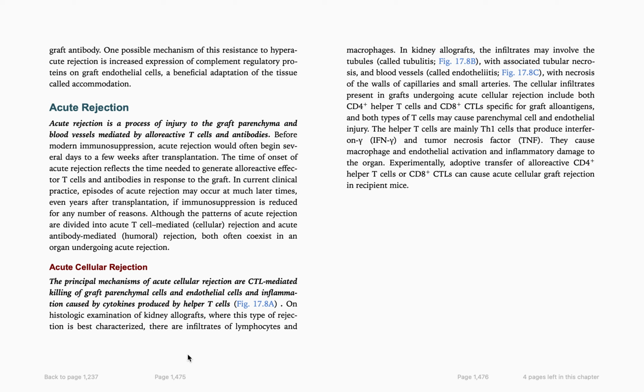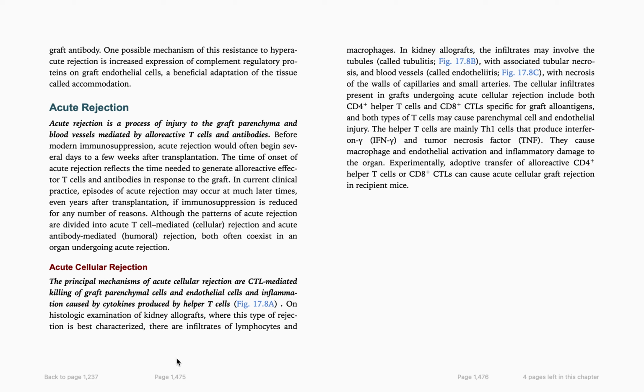In kidney allografts, the infiltrate may involve tubules, called tubulitis, with associated tubular necrosis, and blood vessels, called endotheliitis, with necrosis of the walls of capillaries and small arteries.